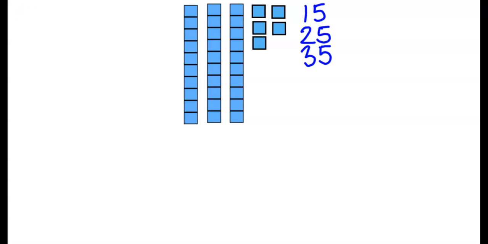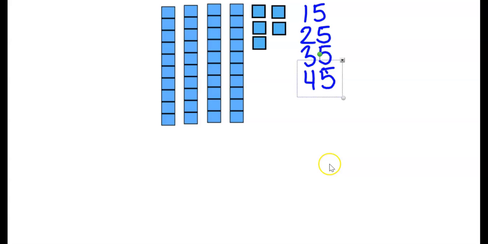Let's continue. How many is represented now? 10, 20, 30, 40, and 5 more, 45. Do you think if we increase only by 10, is the ones place going to continue to stay the same?